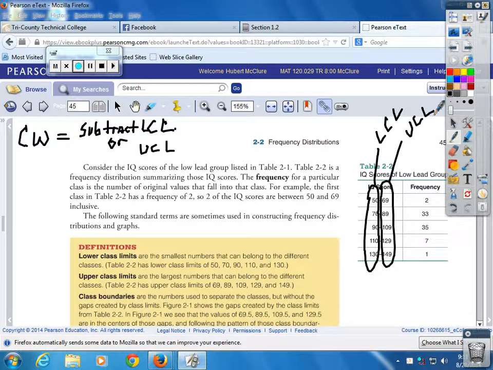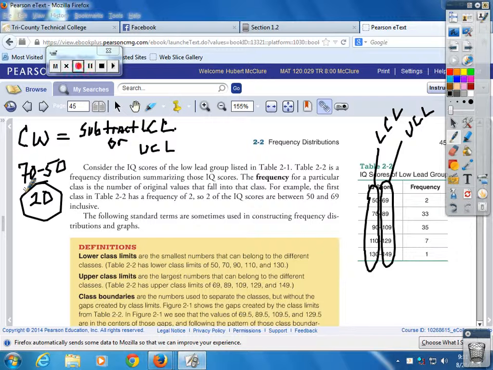That's why I tell you not to write down the definitions, because there's no reason to. If you have a frequency distribution and you have classes that are numbers, then you've got to have a lower class limit and an upper class limit. Now somebody tell me what 70 minus 50 is. 70 minus 50 is 20.